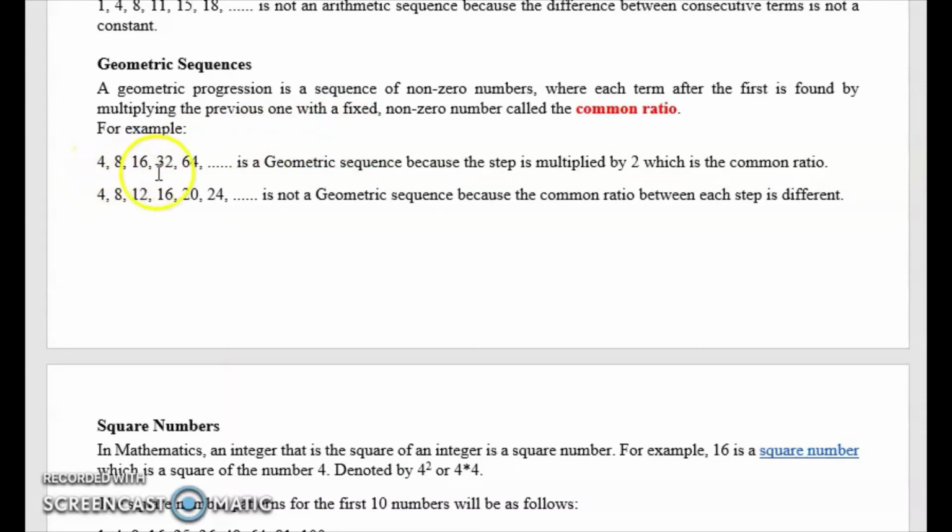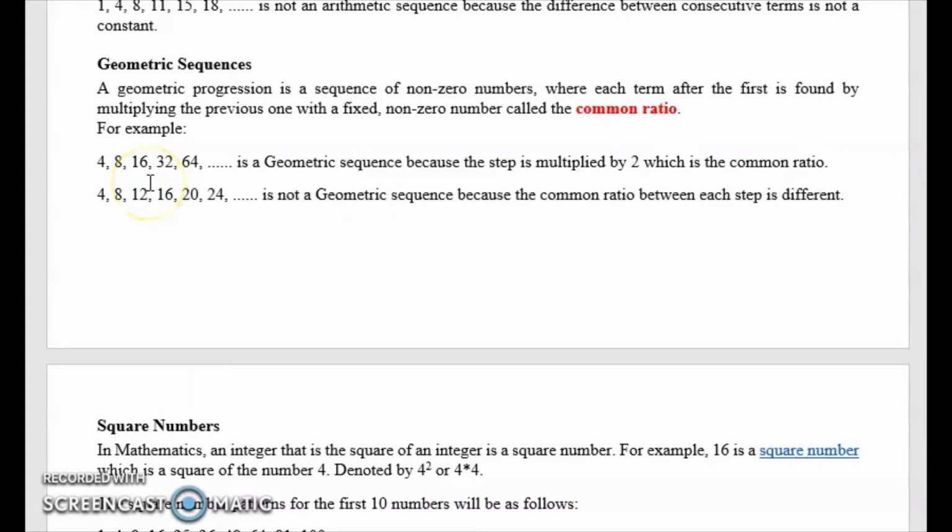4, 8, 16, 32, 64. As you have noticed, class, we multiplied each number by 2. 4 times 2 is 8, 8 times 2 is 16, 16 times 2 is 32, 32 times 2 is 64.